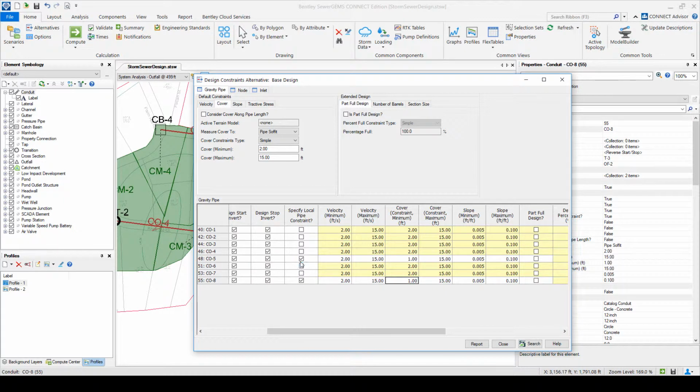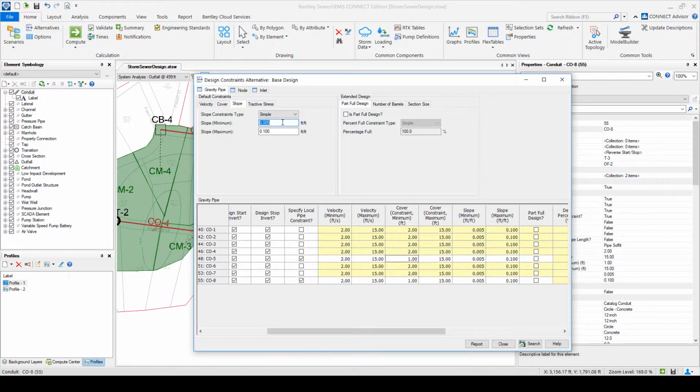We set specific local pipe constraints, and we changed that to be 1 foot. All right. In addition to the cover constraints, we set minimum velocity of 2 feet per second, maximum 15, and minimum and maximum slope. So we'll see that in the design that StormCAD came up with, it tried to always provide the minimum cover so that we're saving money on excavation costs.